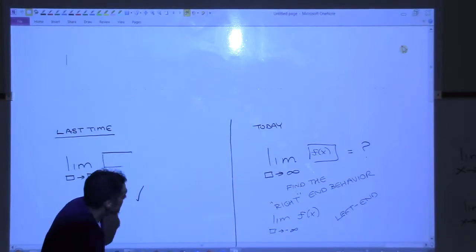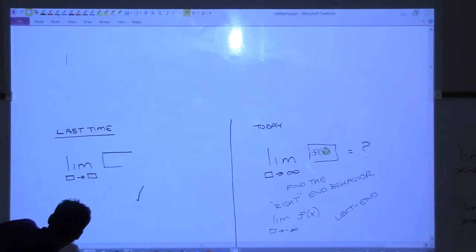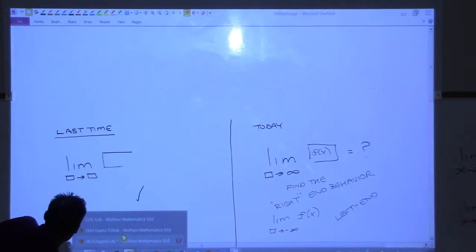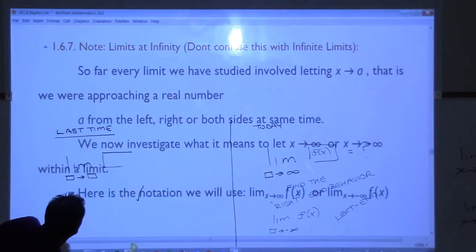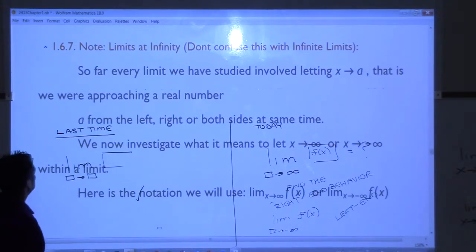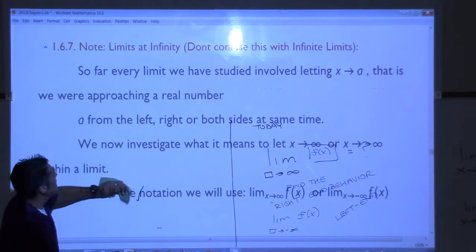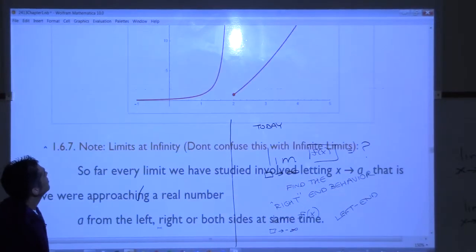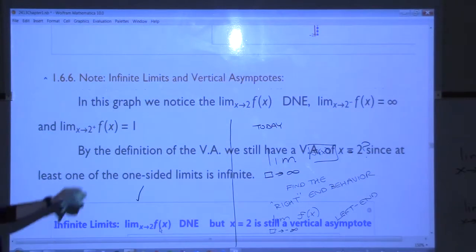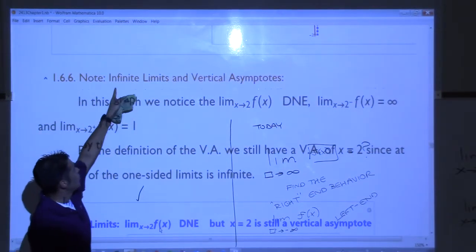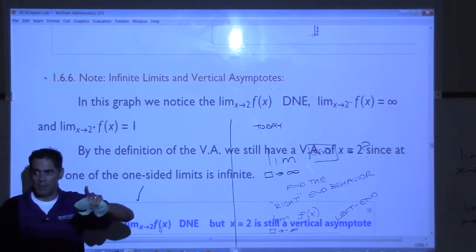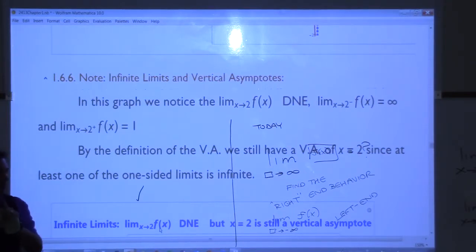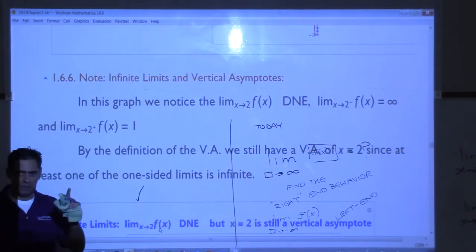The language for this is, these are called limits at infinity. What we did last class were called infinite limits, meaning our limit was infinite.